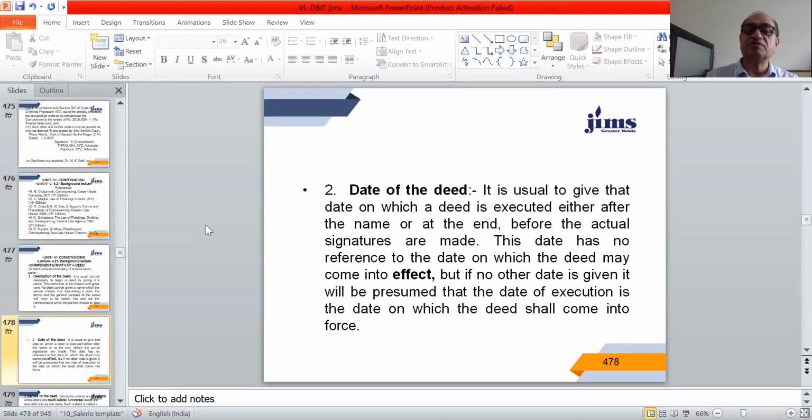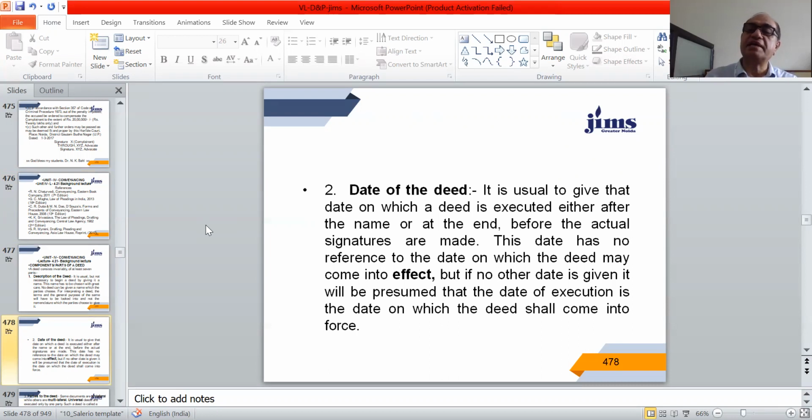This date has no reference to the date on which the deed may come into effect. It is a date of drafting. But if no other date is given, then it will be presumed that the date of execution is the date on which the deed shall come into force.